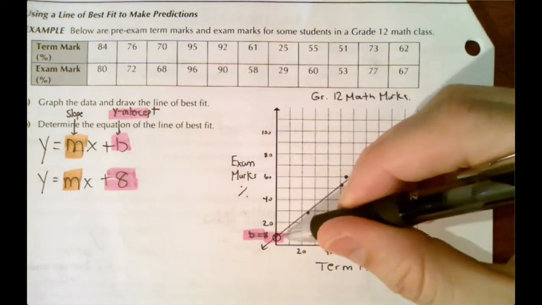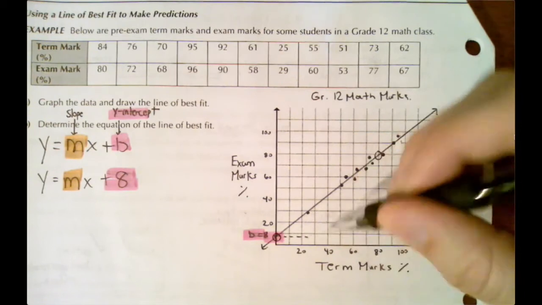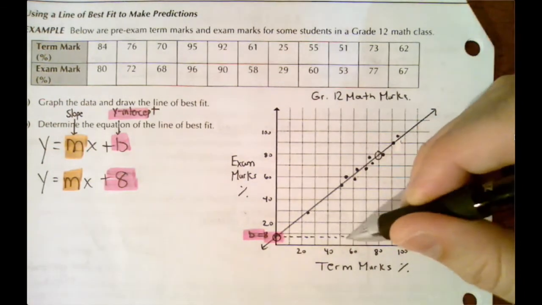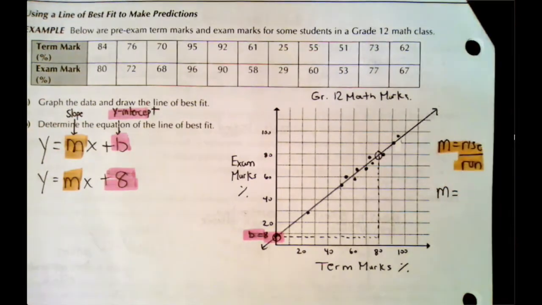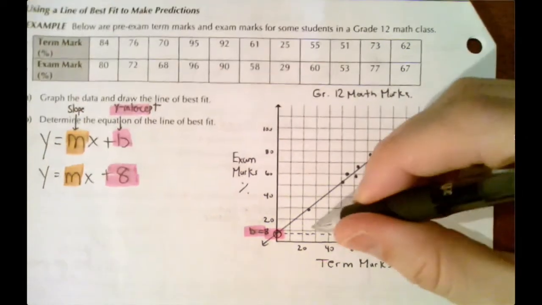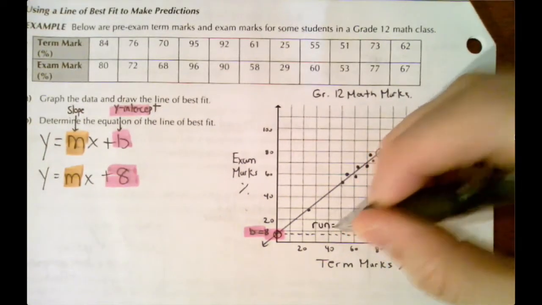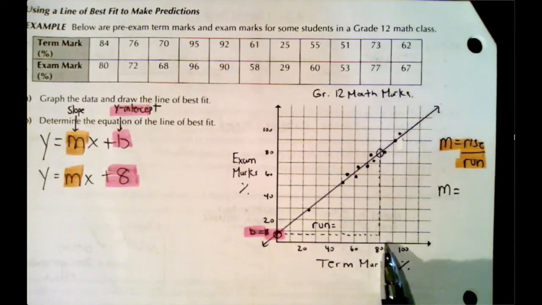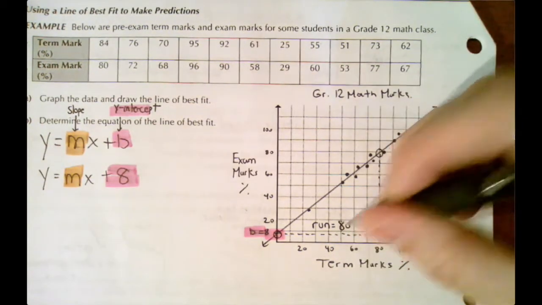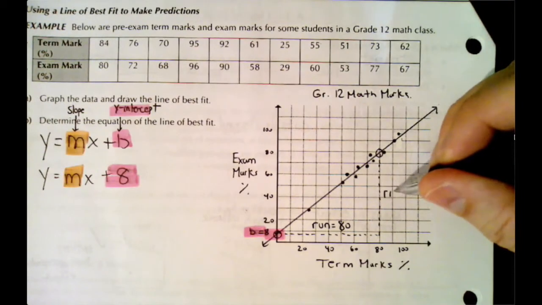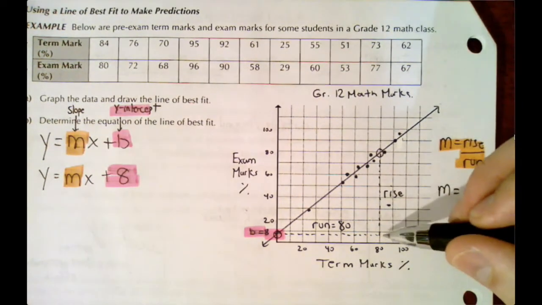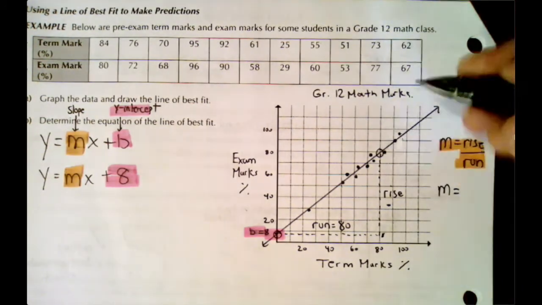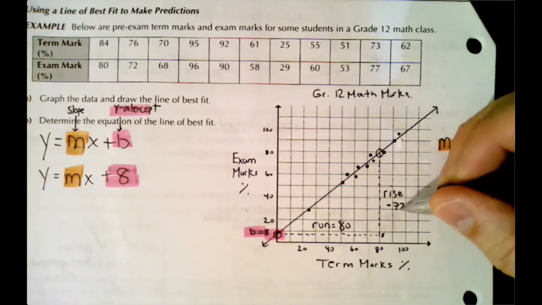Rise and run: if you go straight across, that would be our run, and then straight up. How far did we go? Well, our run would be from 0 to 80. So our run is 80. Our rise would be from 8 to 80. So that's 72.